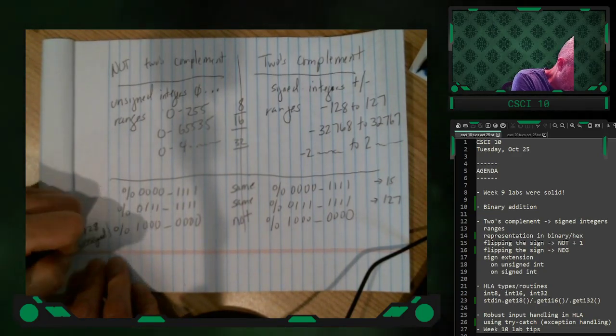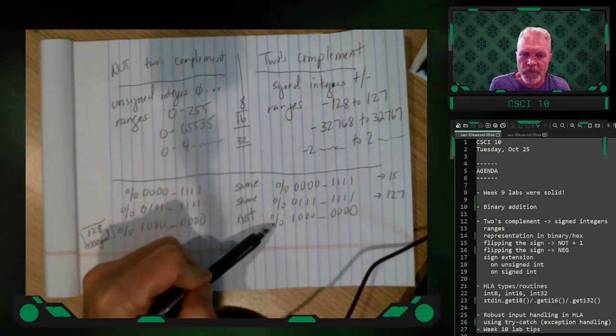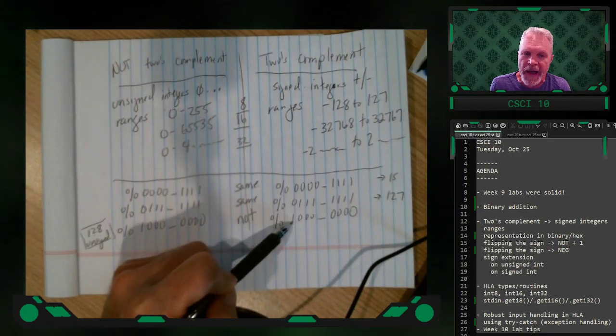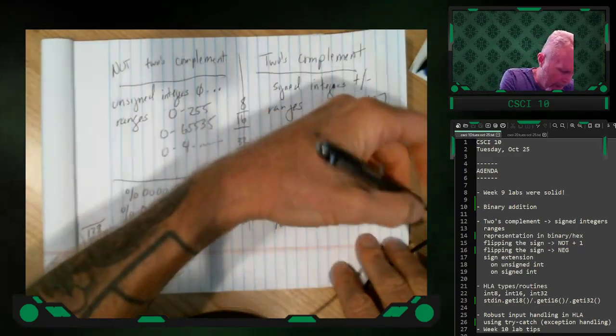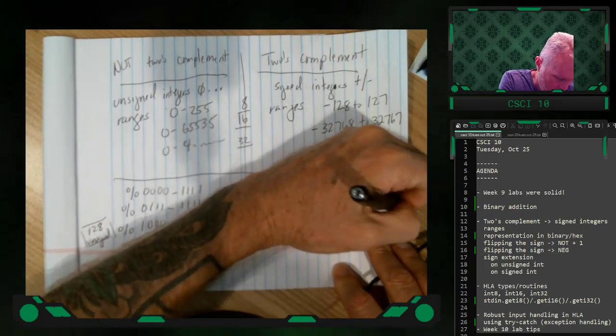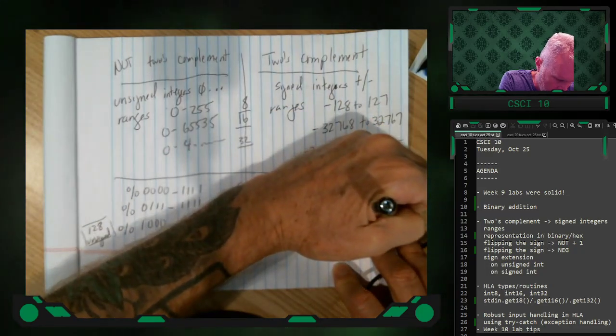Unsigned. If I interpret this as a signed integer, then I actually get negative 128.